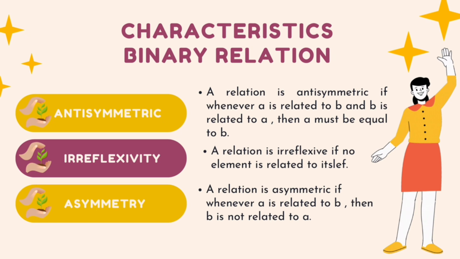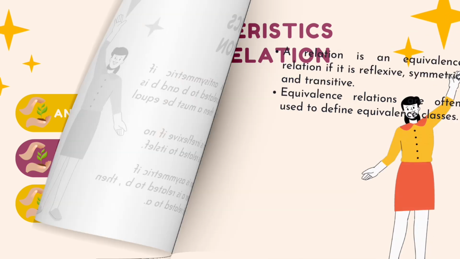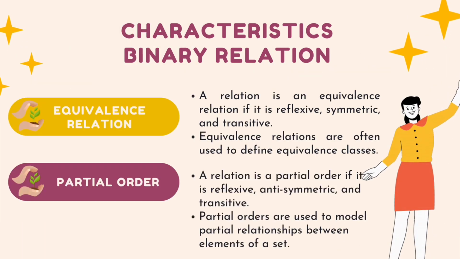Irreflexivity. A relation is irreflexive if no element is related to itself. The sixth one is asymmetry. A relation is asymmetric if whenever A is related to B, then B is not related to A. Next is equivalence relation.